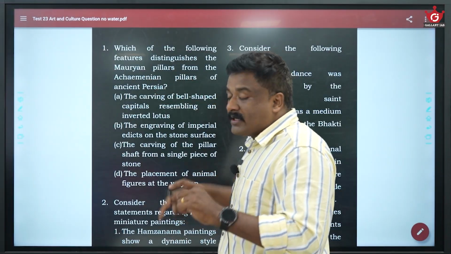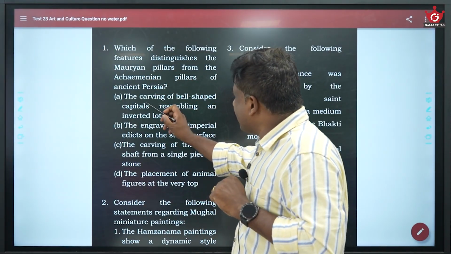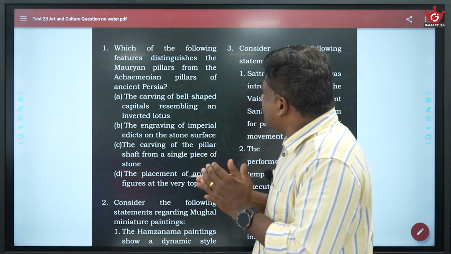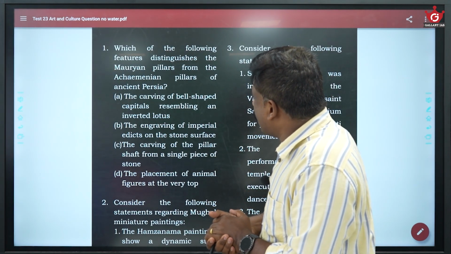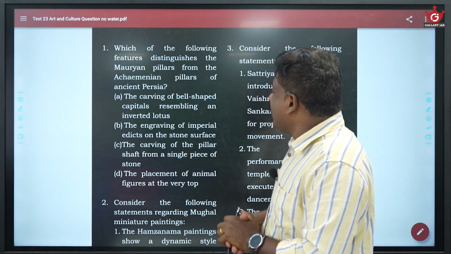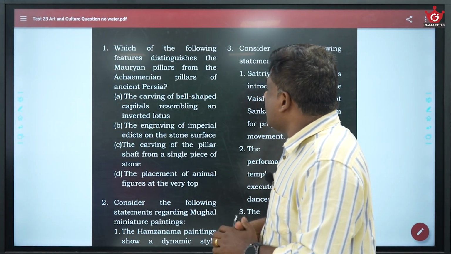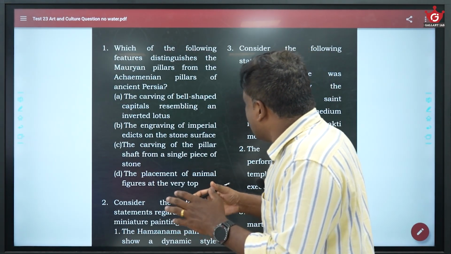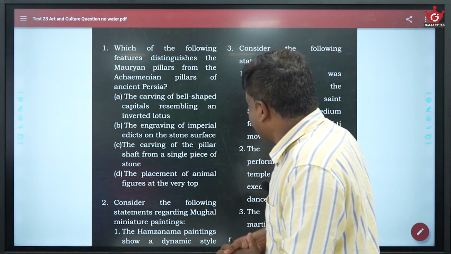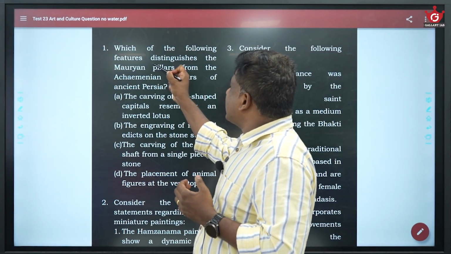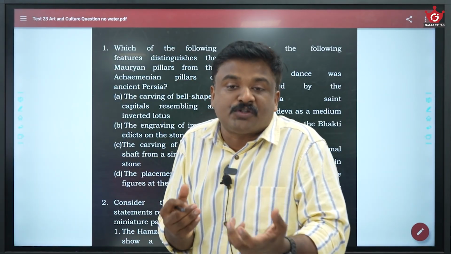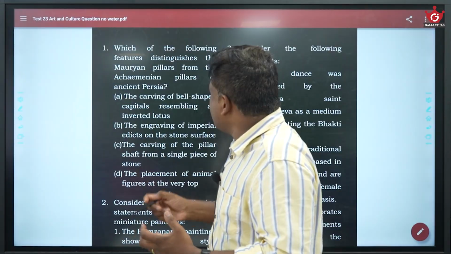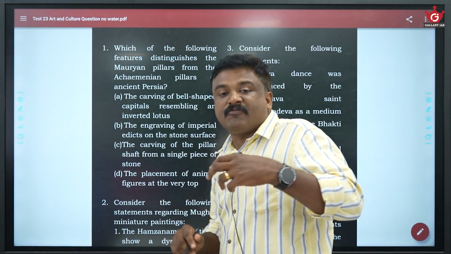Here, the Mauryan pillar is monolithic. Now see the first statement. The carvings of bell-shaped capitals resembling an inverted lotus, the engraving of imperial edicts on the stone surface, the carving of the pillar shaft from a single piece of stone, the placement of animal figures at the very top. In the question they are asking what feature distinguishes the Mauryan pillar from the Persian pillar.